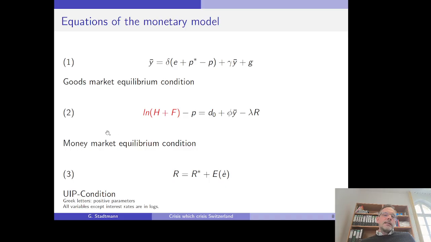Equation 2 is a money market equilibrium condition in a fixed exchange rate system. And then we have our usual UIP condition, R equal to R star.